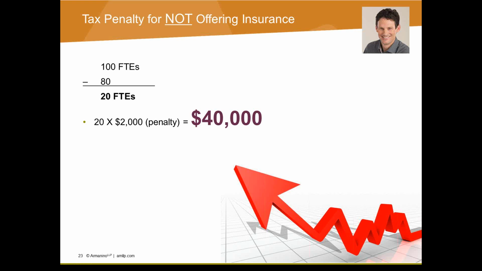So you can see there the penalty in this case is $2,000 per employee, or $40,000 for the year. Now that is going to be billed monthly, and so that monthly penalty would be $3,333 per month, and it's not tax deductible, which for nonprofits isn't such a big deal unless potentially you are subject to unrelated business tax.